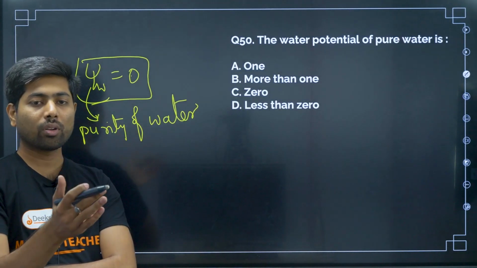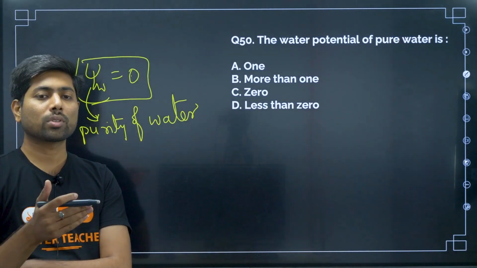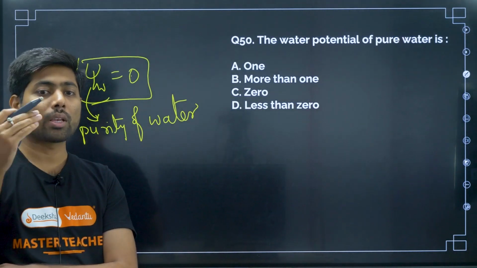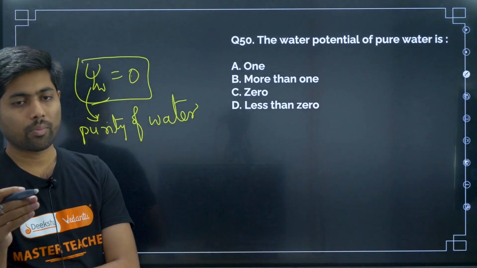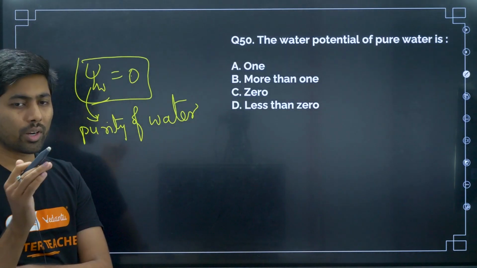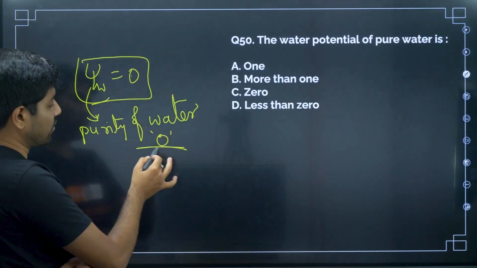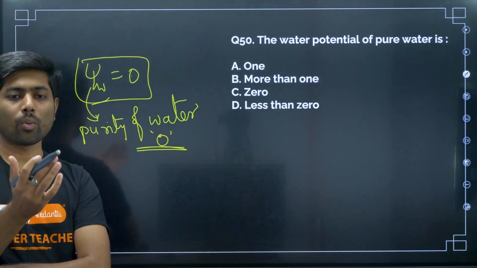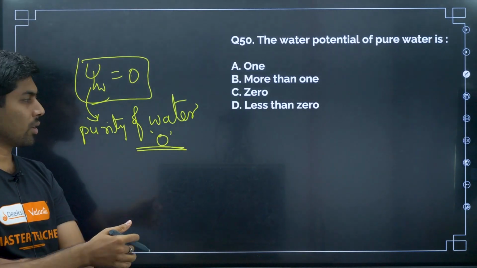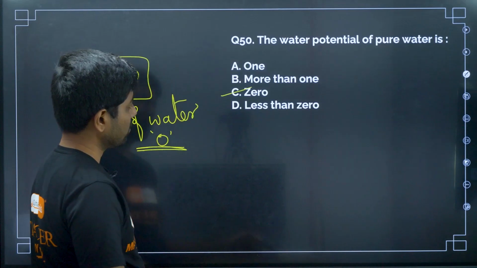Another person says my scale of measuring purity of water is 1000. Another person says my scale is 100. Another person will say my scale is 10. Now to avoid this problem, what did we do? They said water potential 0 is the purest form of water. Therefore water potential of pure water is 0.